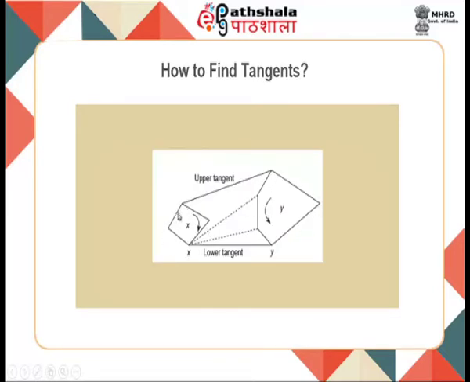This is one convex hull, this is another convex hull, both corresponding to the points of two different sets. Now I find the upper tangent and lower tangent, and once these tangents are obtained, we can eliminate all the inner parts so that it becomes the final convex hull.